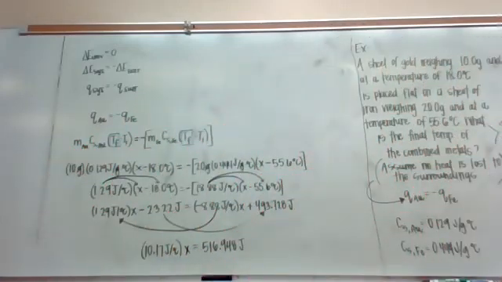Okay, so on the left side, I get 10.17 joule per degree Celsius times X equals 516.948 joules. Now all I need to do is divide both sides by the 10.17.